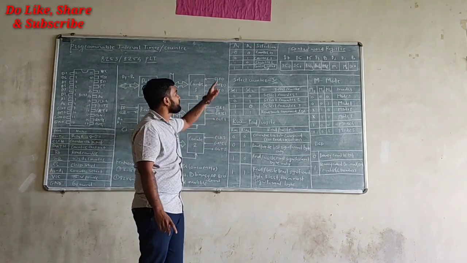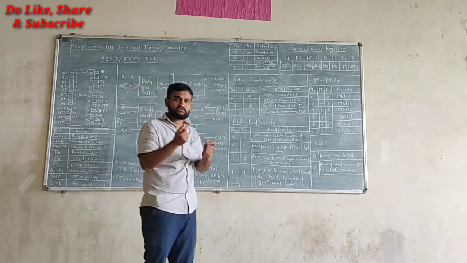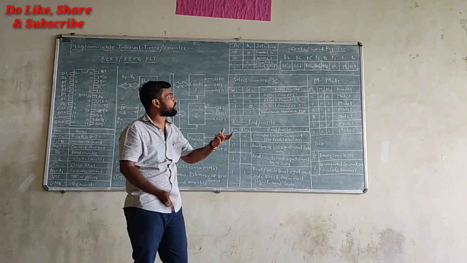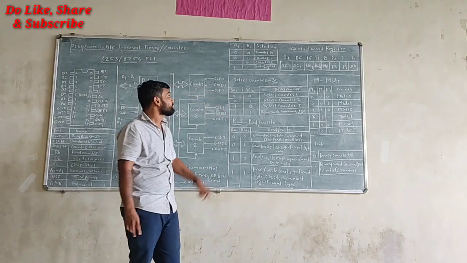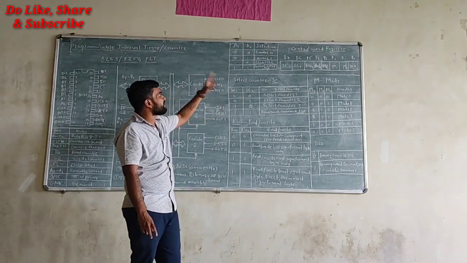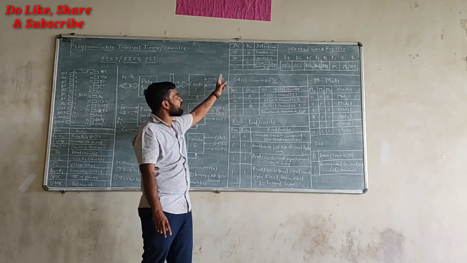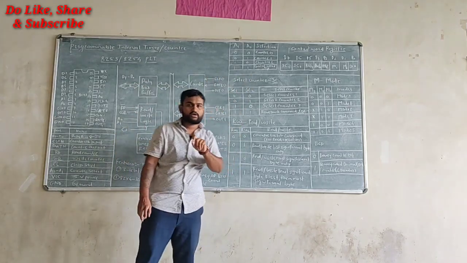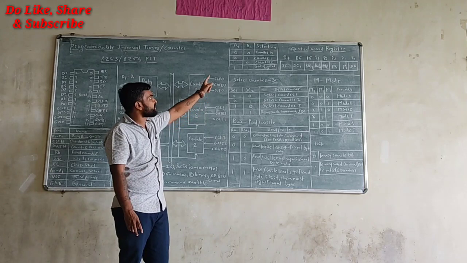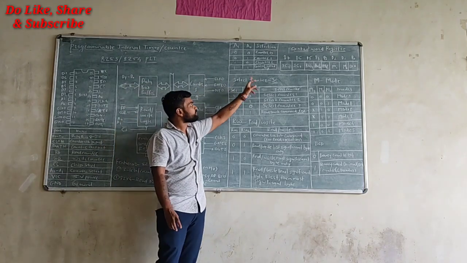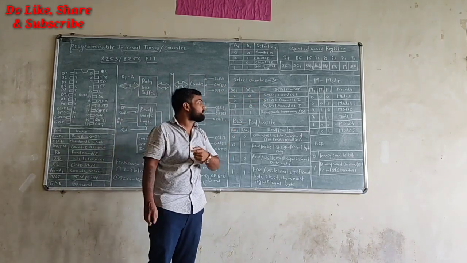If the value of A1 and A0 is 0, 0, at that time by default counter 0 gets selected. If the value of A1 and A0 is 0 and 1, then counter 1 is going to get selected. If the value of A1 and A0 is 1, 0, at that time counter 2 is going to get selected.